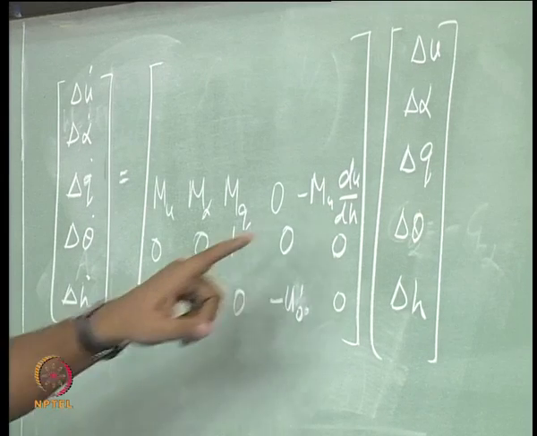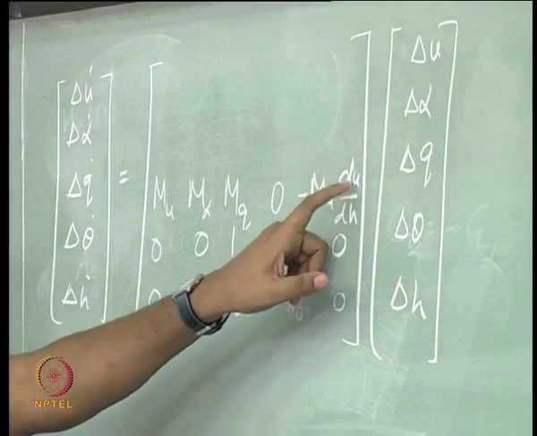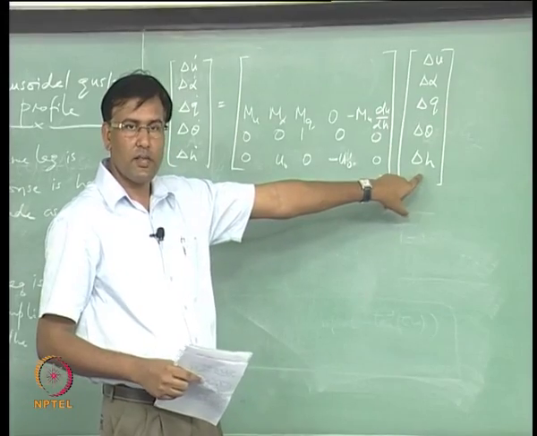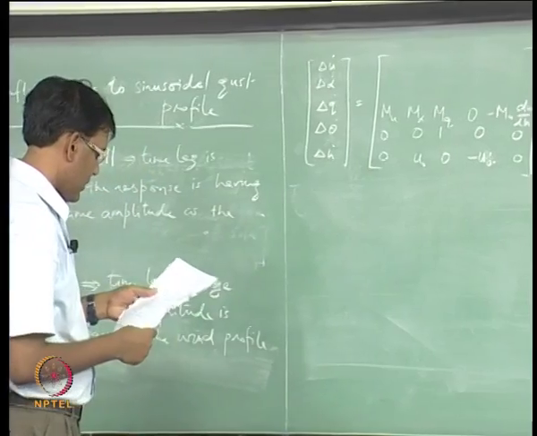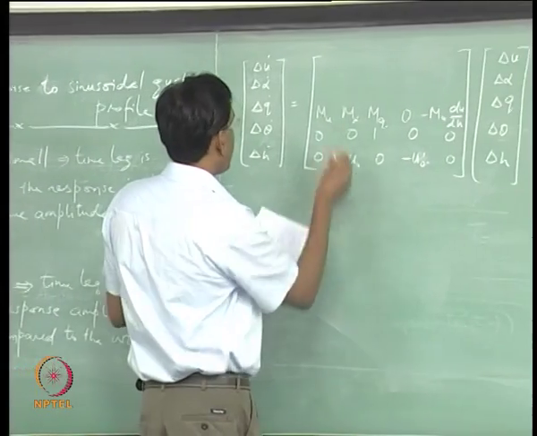Right. So, uj is du over dh into this delta h, right, that is how we have defined this wind shear.